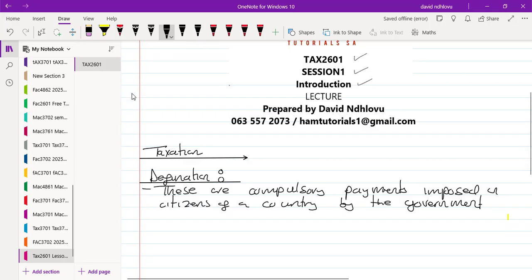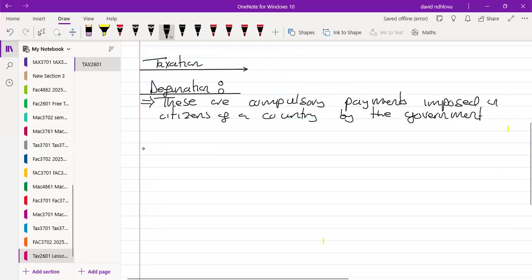Which taxes are you aware of? Which taxes can you give me? Recently you know that there was a big fight in connection with the budgeting process, the national budget, over a certain tax called VAT.